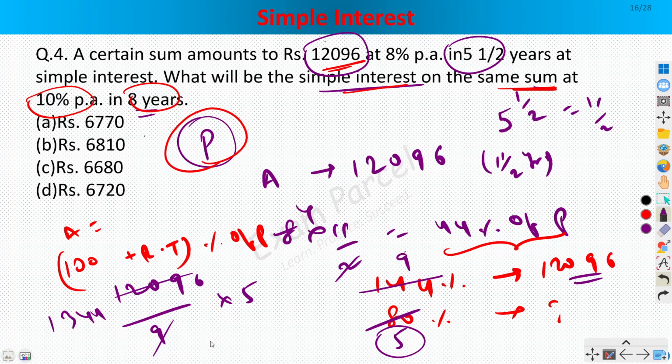So 6720. That will be D. So I hope this method was clear to you. Otherwise you can go a long method, but this is a better method.